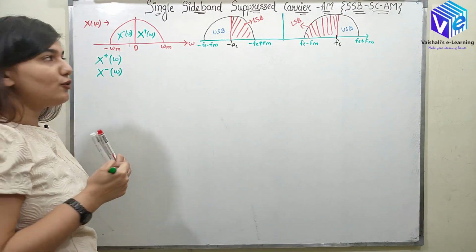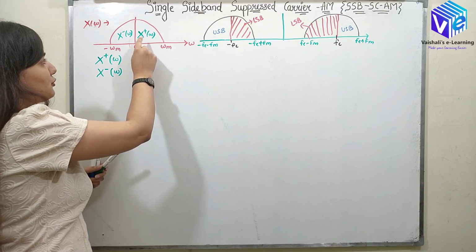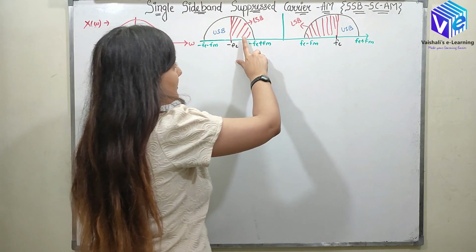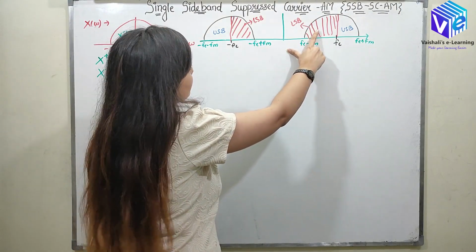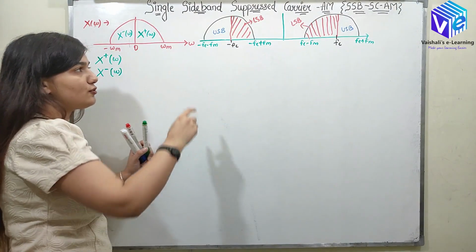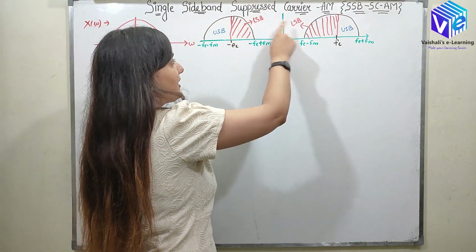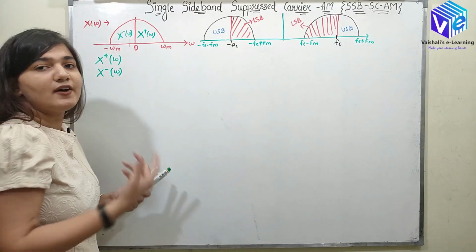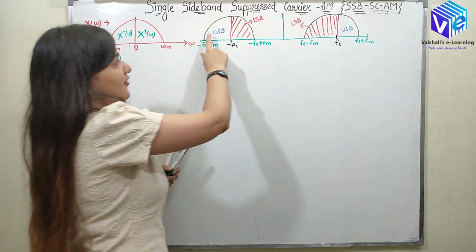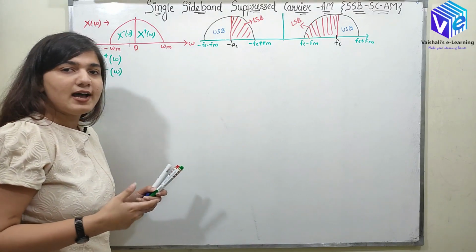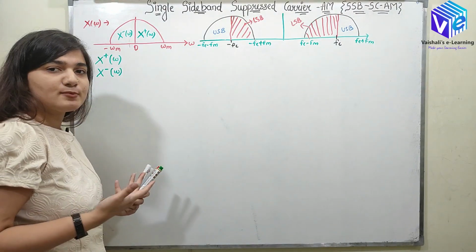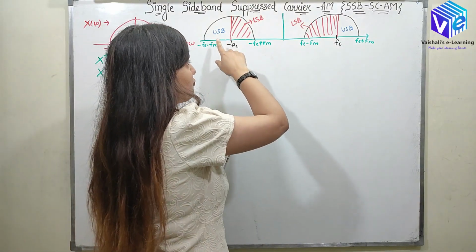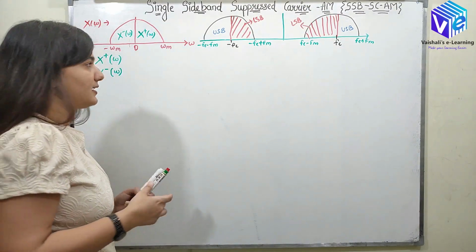So I just broke the message signal into two parts, X plus omega and X minus omega. Overall, if I transmit LSB, I will have X plus omega plus X minus omega, which constitute the full message signal. Similarly, if I talk about USB, here also I have X plus omega as well as X minus omega. So I am transmitting the full message signal by using either LSB or USB.